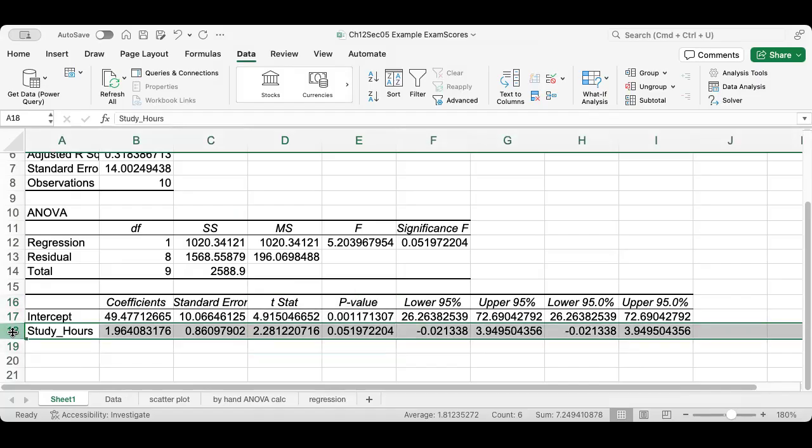What's the p-value there? 0.05, 0.052, really. But I said I expected the slope to be positive, right?